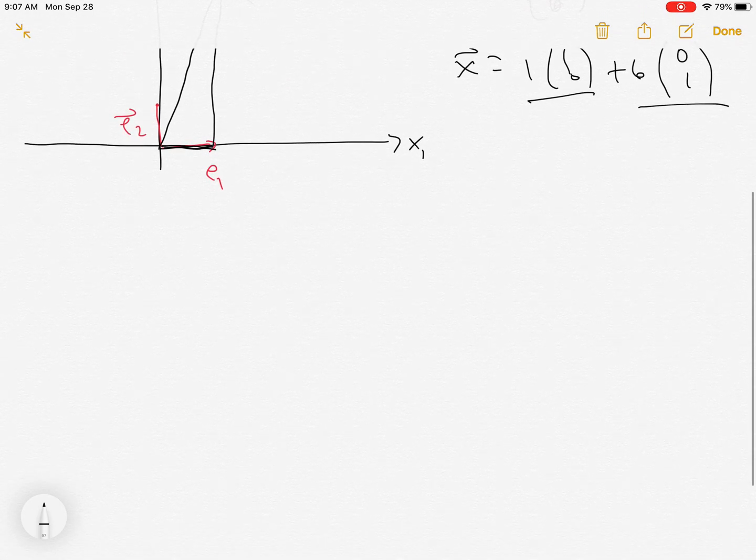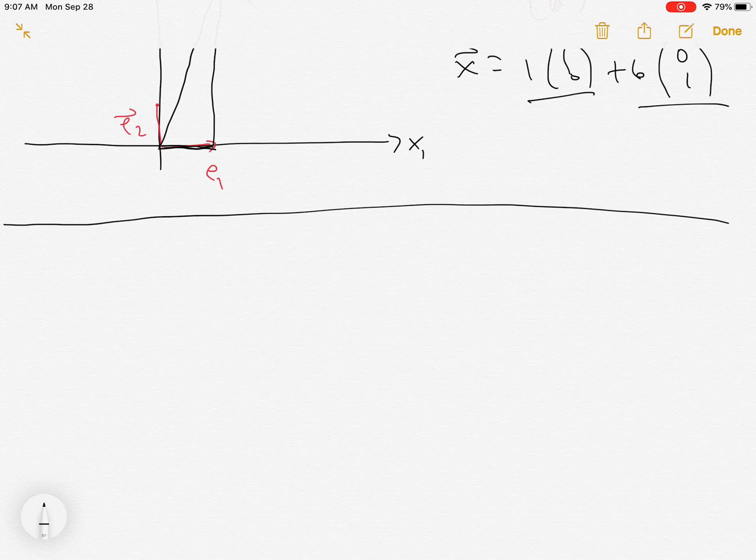Okay. But as we showed before, bases are not unique. And we know the dimension of the vector space in this example is 2, and that means there has to be 2 basis vectors. But any 2 linearly independent vectors in a vector space of dimension 2 are automatically a basis. So let's look at a different basis of R2.